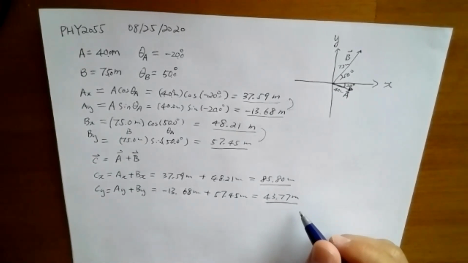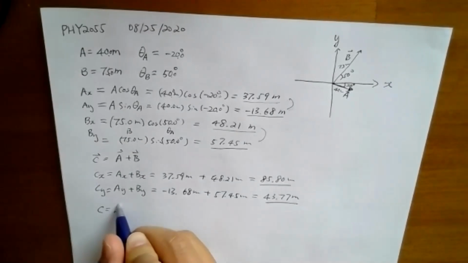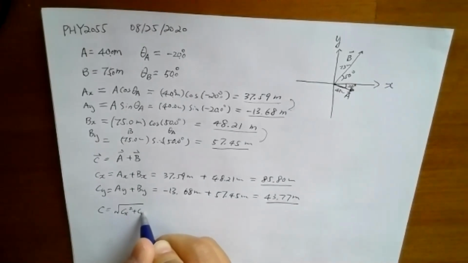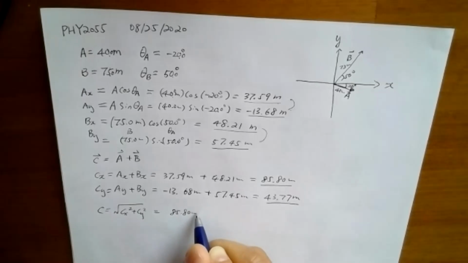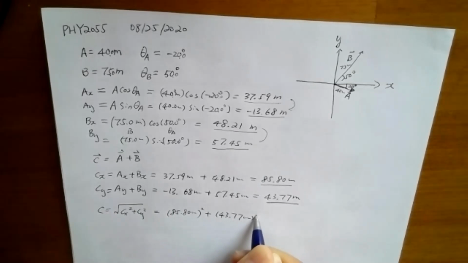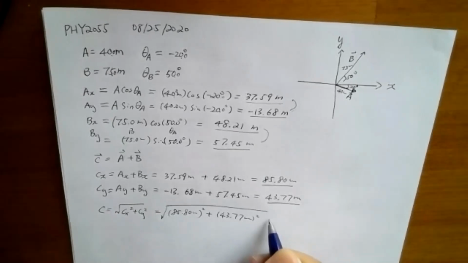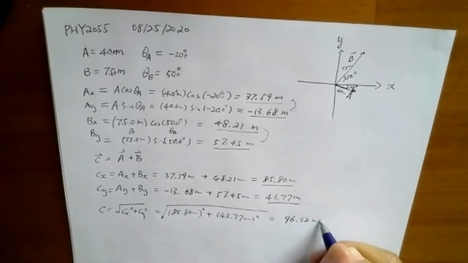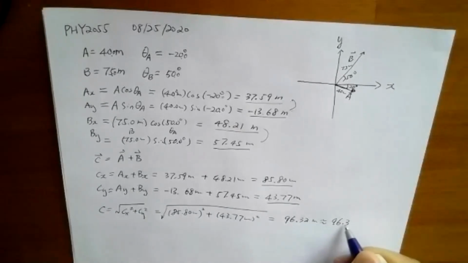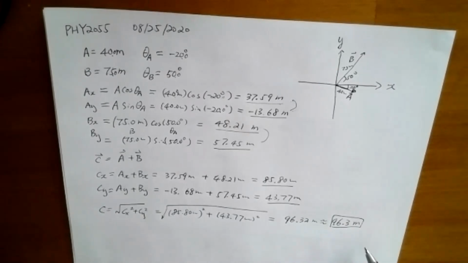Now I have the two components. I can determine its magnitude: x component squared plus y component squared, 85.80 meters squared plus 43.77 meters squared, and then take the square root of it. That will be 96.32 meters. To keep appropriate sig figs, it's 96.3 meters for the magnitude.